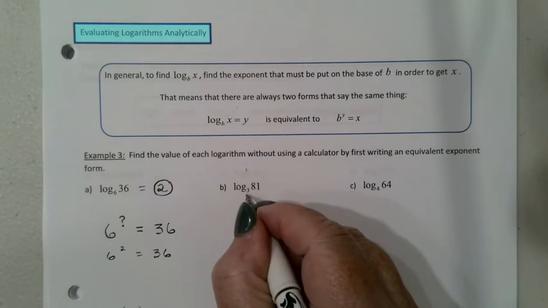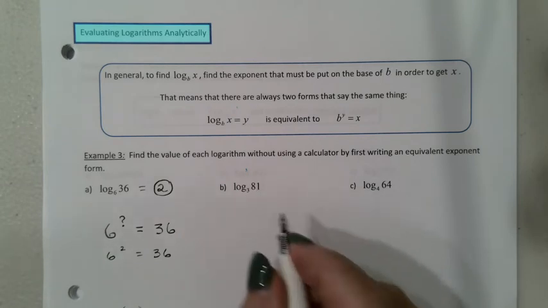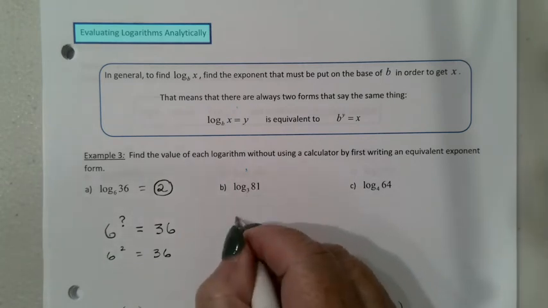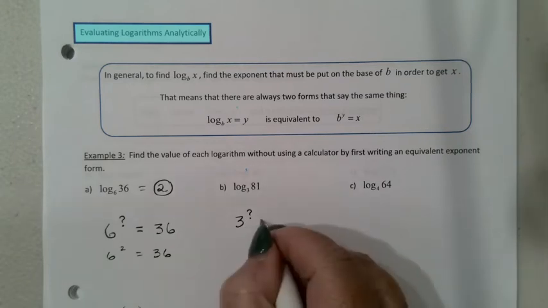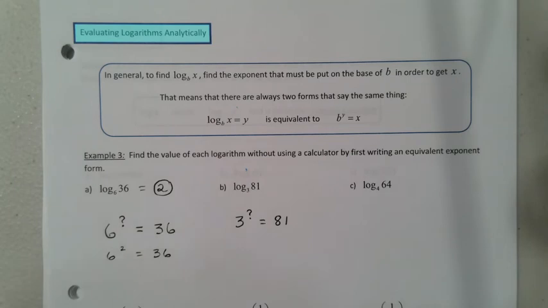The log base 3 of 81. We'll identify the base as 3 and ask ourselves what power would we have to use to turn that 3 into an 81. Now, I know it's not 3 squared, right?